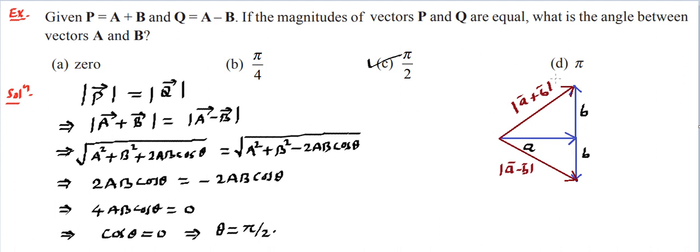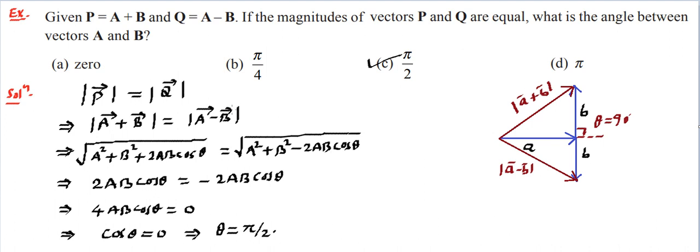So we will say the angle between vector A, which is in this direction, and vector B has to be 90 degrees. So this theta is going to be 90 degrees. From here we can remember this as factual information: whenever A and B are perpendicular, the magnitude of addition is the same as the magnitude of subtraction. Okay, so this is an example that relates addition and subtraction together.